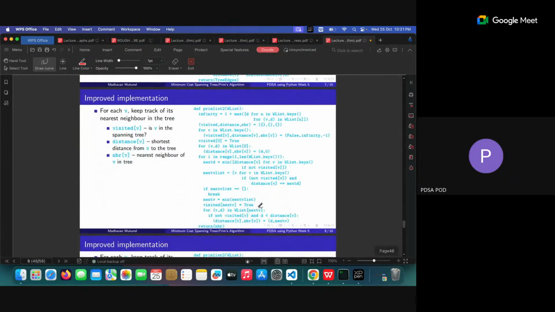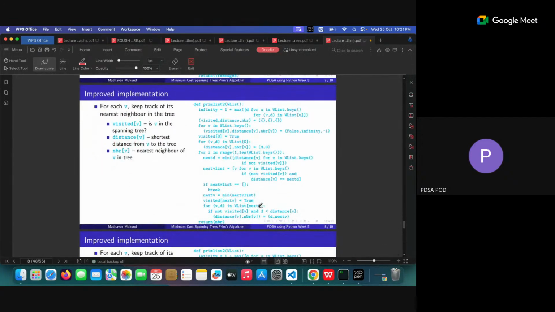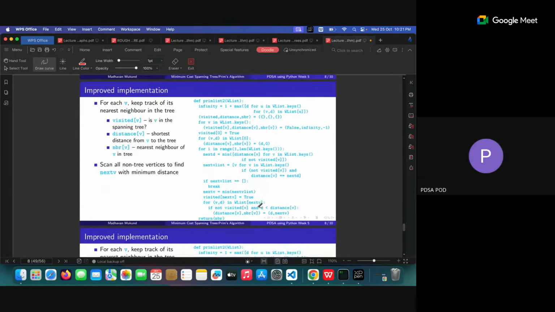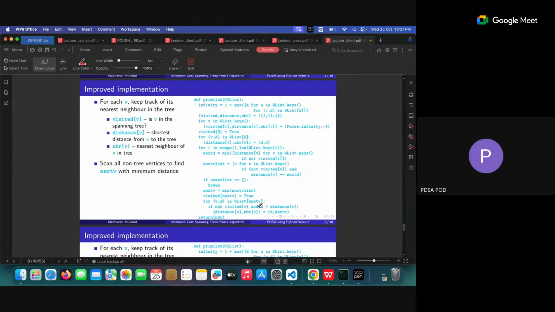So can we do better? Yes, we can do better, but the better way is the nearest neighbor they are finding in this way. See, look at this moment, they are trying to find the nearest directly without using another nested loop. They avoided it. They directly find the minimum without doing another nested loop.